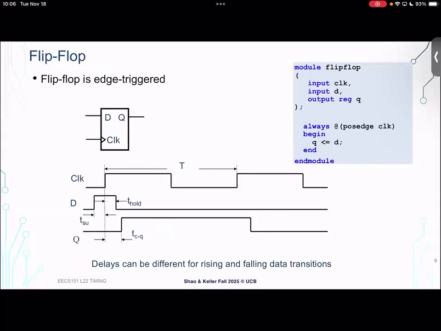Now, this is our flip-flop. This is how you instantiate it in Verilog. You all know this. The flip-flop has 3 key timing parameters that, along with the cycle time t, we use to analyze its performance and the performance of the whole circuit. You can see them marked on the diagram here.